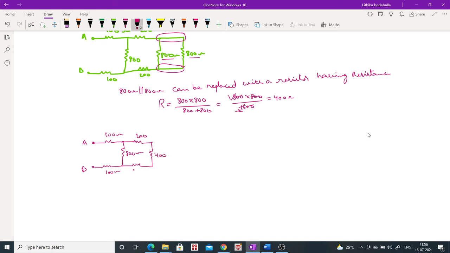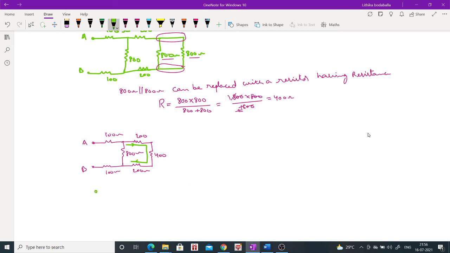This is 400, this is another 200. Now if you observe, there is a current coming here and flowing through this 200. The same current will flow through 400 and this 200 also. So these three are in series. Now you can replace these three with a resistor having resistance 200 plus 400 plus 200, that is 800.